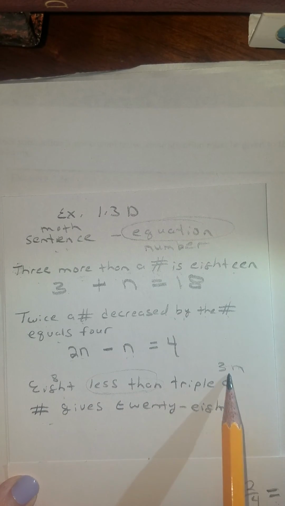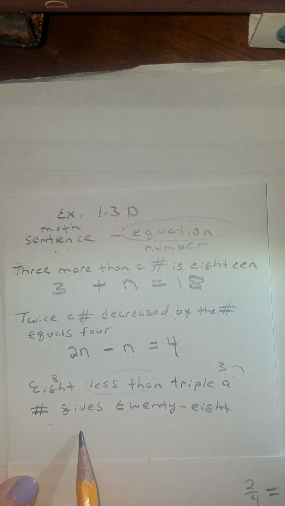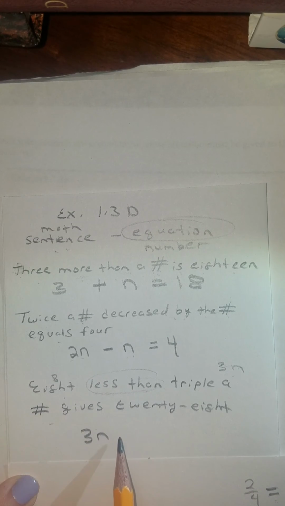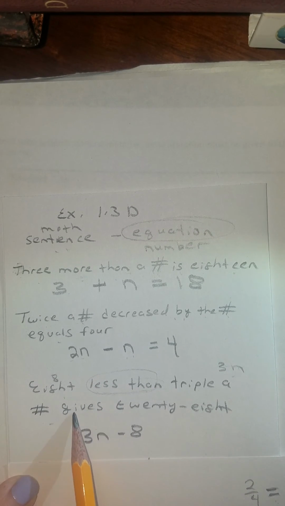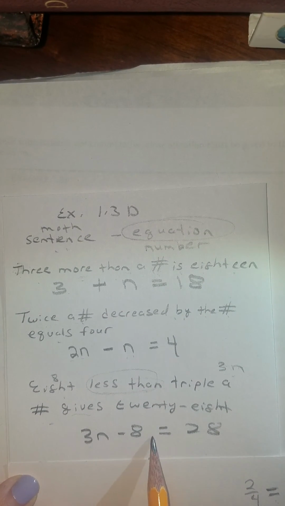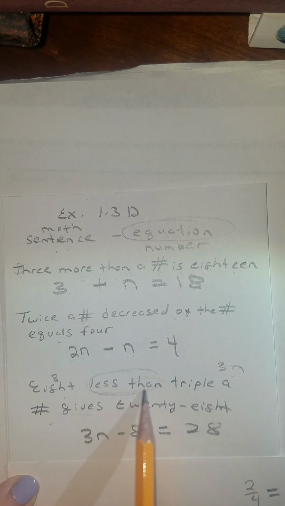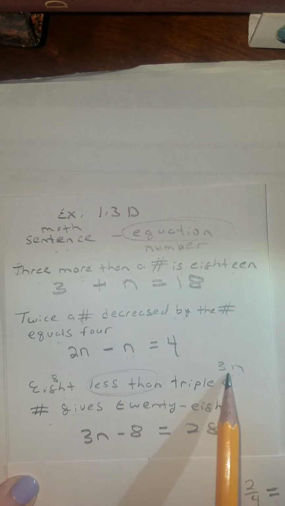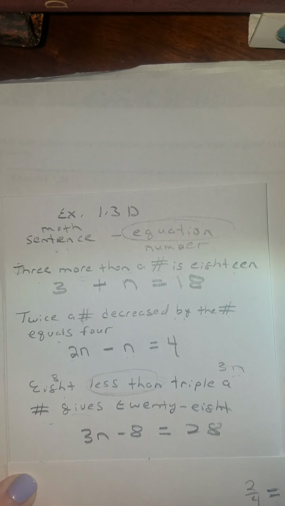Remember, it's whatever's the second one listed, which is 3n minus 8. The word gives indicates equals 28. So the answer is 3n minus 8 equals 28. This is that special exception where the second one goes before the first one that's mentioned.